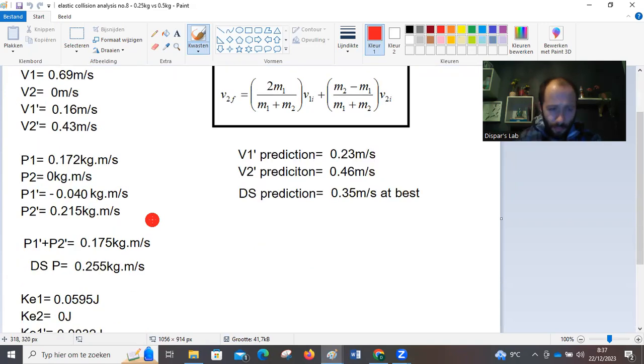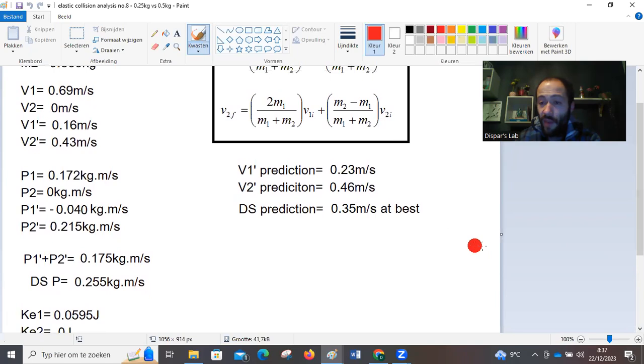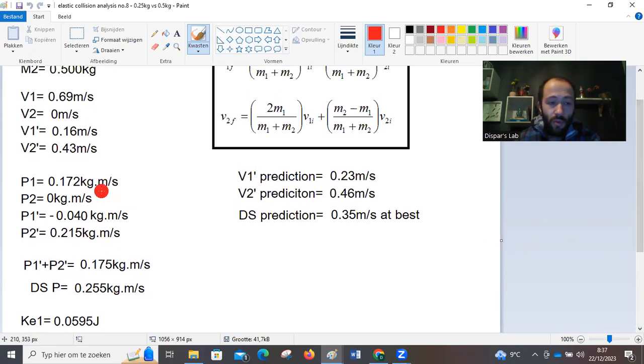If we add the momentums after collision together, so 0.215 plus 0.040, then we have 0.255 as an end result, even though the initial amount of momentum was 0.172, which means we have gained a lot of free momentum. Once again, in a new kind of experiment.